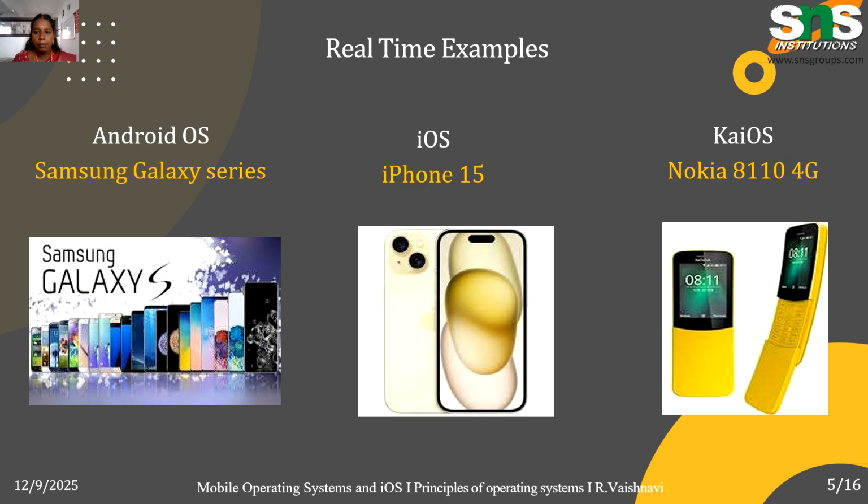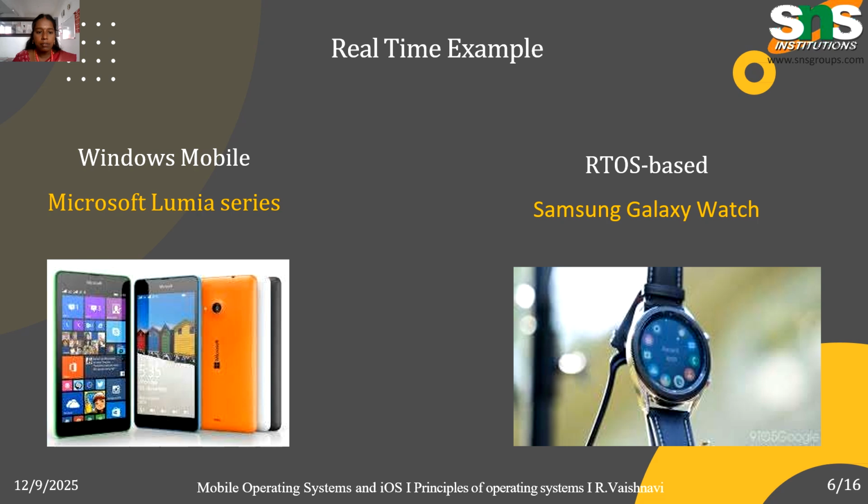The example is Nokia mobile. And then in Windows Mobile, we have the Microsoft Lumia series, where the OS is Windows. And then Samsung Galaxy Watch, here we use RTOS, that is, a real-time operating system based OS.